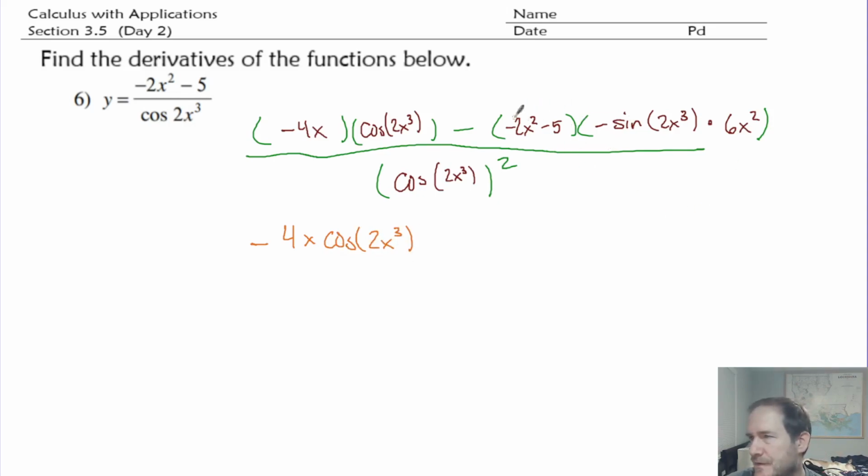But we did say that over here, if we're very careful, we could let this negative sign just turn us back into a plus sign. But then this thing here certainly has a negative we want to factor out. This could be negative 1 times just the 2x squared plus 5. And so now we're letting this negative sign turn our plus back into a minus.